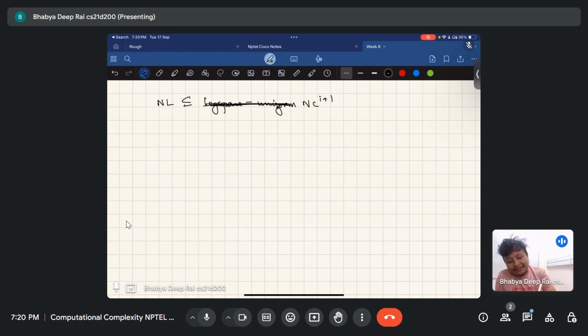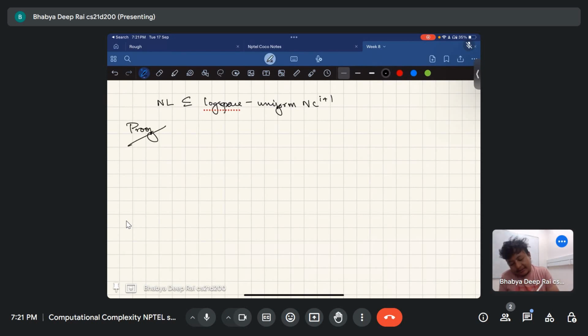I can make this weaker by removing the uniformity, but this is a stronger statement, that it's contained in log space uniform. Not only that such circuits exist, but we can actually explicitly construct such circuits in log space. Now, how is this possible?